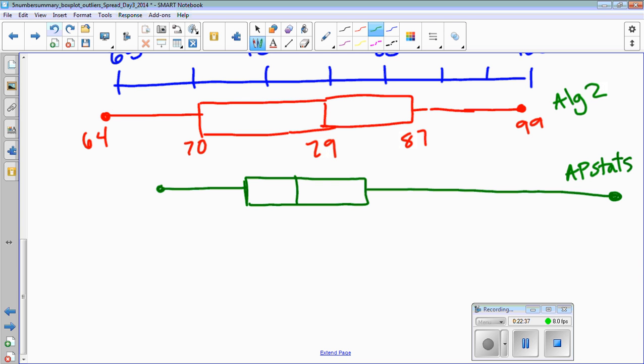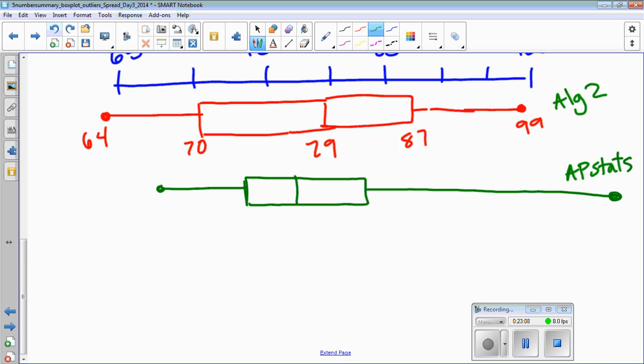All right. So let's compare. Let's talk about shape. What would you say about the shape of Algebra 2? Centered's not a word I use for shape. Symmetric is a word I use for shape. Cluster, you cannot tell a cluster from a box plot, ever. Cluster you can tell from a histogram, though, or a dot plot, but you can't really tell from a box plot. But I would definitely say relatively symmetric.